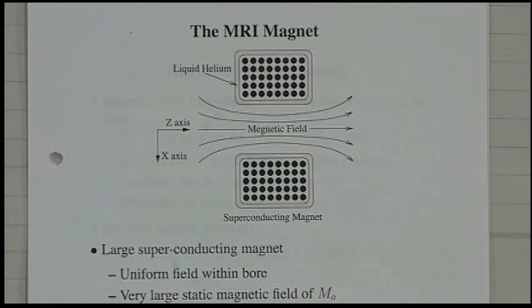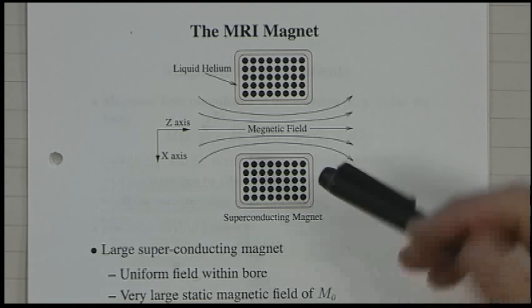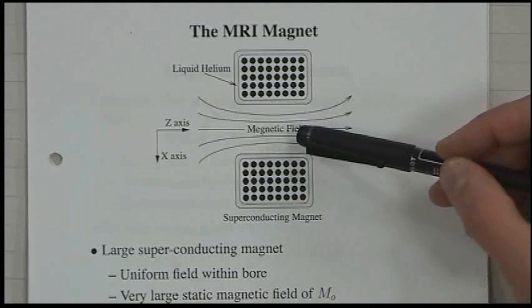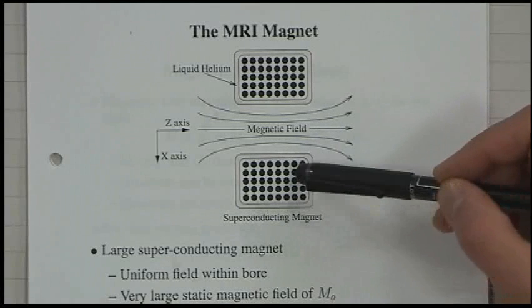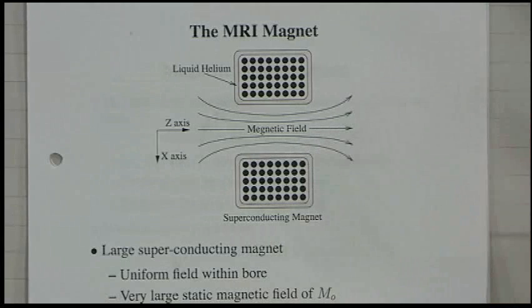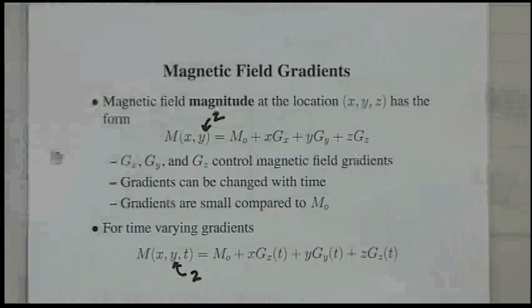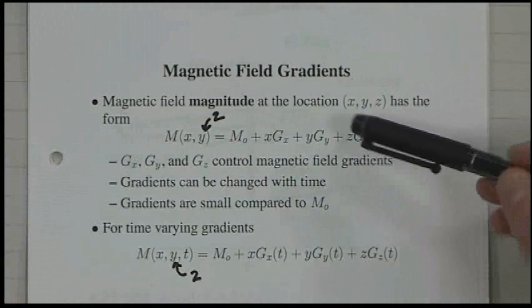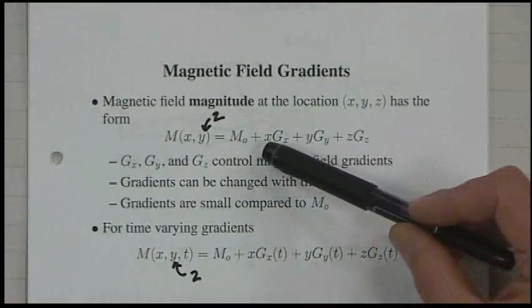A stronger magnetic field will produce a stronger signal, which usually means better signal-to-noise ratio, or you can use it to do faster scanning. But in any case, you have a strong magnetic field formed by a superconducting magnet, and linear gradient coils. The gradient coils produce a magnetic field which is spatially varying, and it's a linear spatial gradient, hopefully.